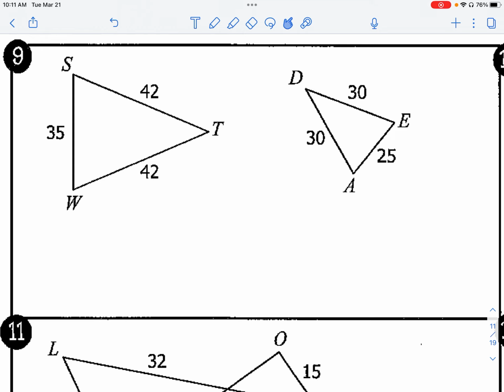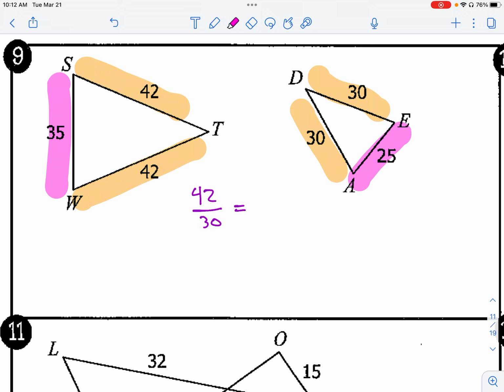So here we got 3 sides. So we're looking, do we have side, side, side? And it's two isosceles triangles, right? So what we're going to get is, we only have to compare 2 because 2 of them are exactly the same. And then we're going to have 35 over 25.